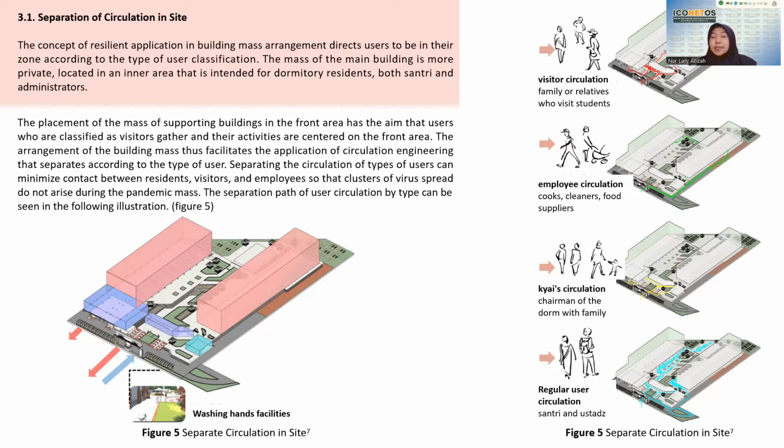Every user has different activities and a different potential of spreading the virus, so separation of circulation inside can minimize the potential of the dormitory becoming a new cluster of spreading of COVID-19.